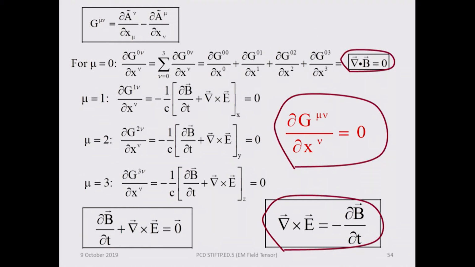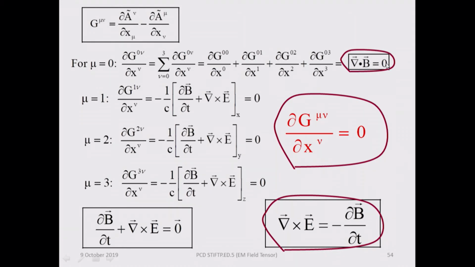So, here you get the other relations for mu equal to 2 and mu equal to 3, and both the equations, that a changing magnetic field can produce an electric field along with the absence of the magnetic monopole.